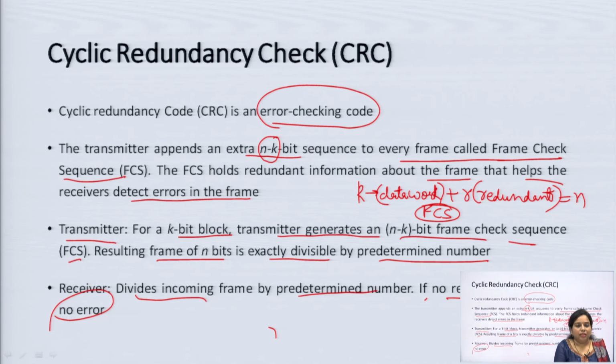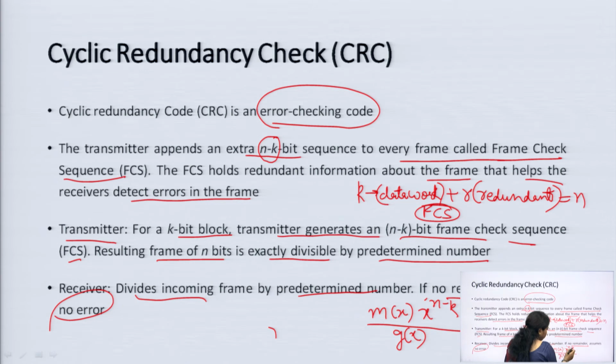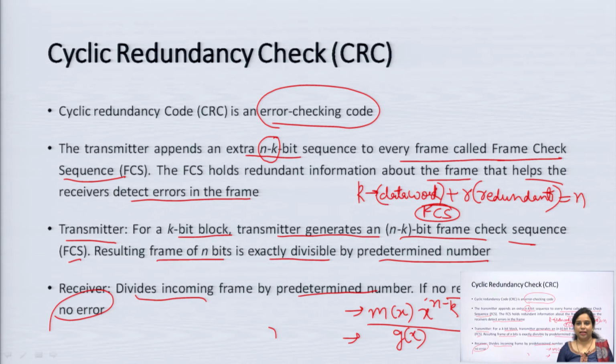What we have seen in the previous slide also is how the parity check matrix, denoted by H, will work. If I divide m(x) x^(n-k) by g(x), where g(x) is the generator polynomial, and if the division results in a remainder equal to 0, then we can say at the receiver side that no error has taken place.